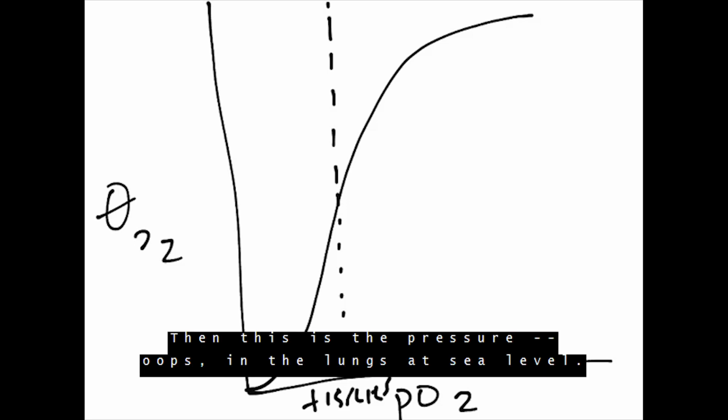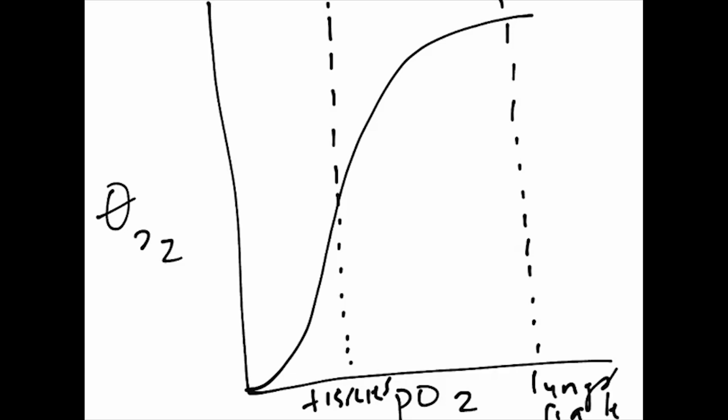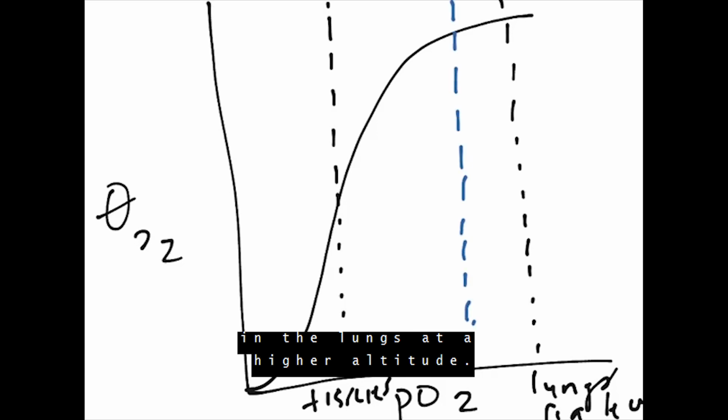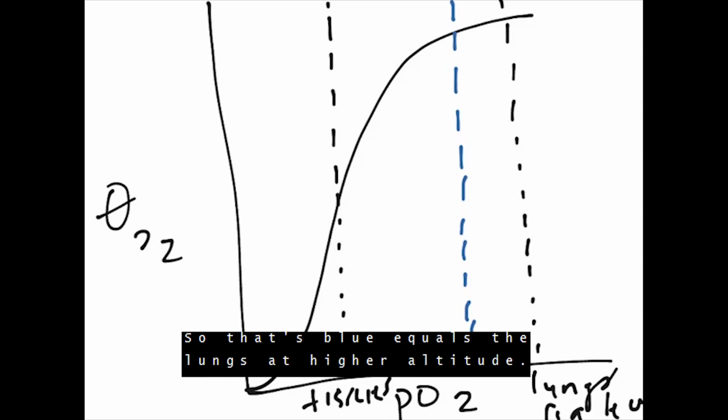Then this is the pressure in the lungs at sea level. And then in blue, let's put the pressure in the lungs at a higher altitude. So that's blue equals the lungs at higher altitude.